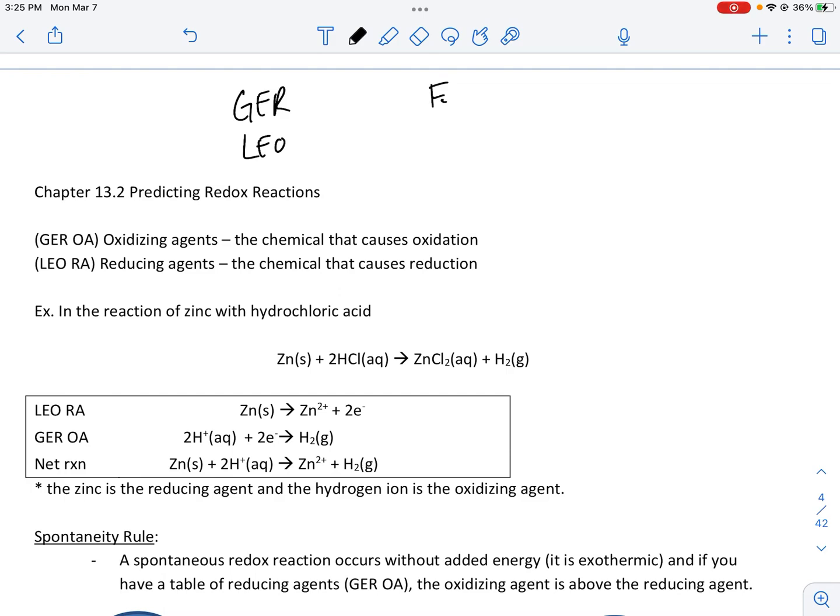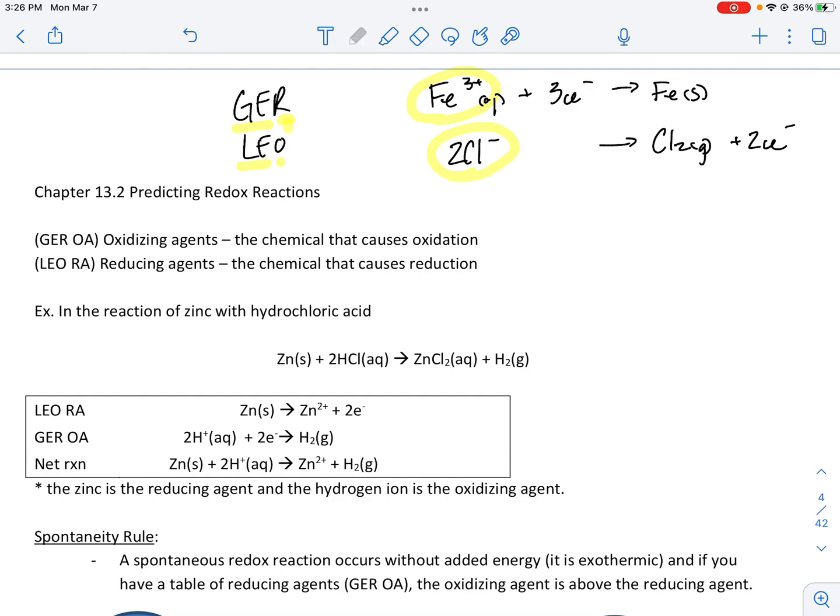If I had iron 3 ions plus 3 electrons becoming iron solid, or two chloride ions becoming chlorine gas and 2 electrons, I'd have been able to say that my iron 3 ion is gaining electrons and is reduced, and that my chloride ions are losing electrons and are oxidized. Well, we're going to add to that right now.